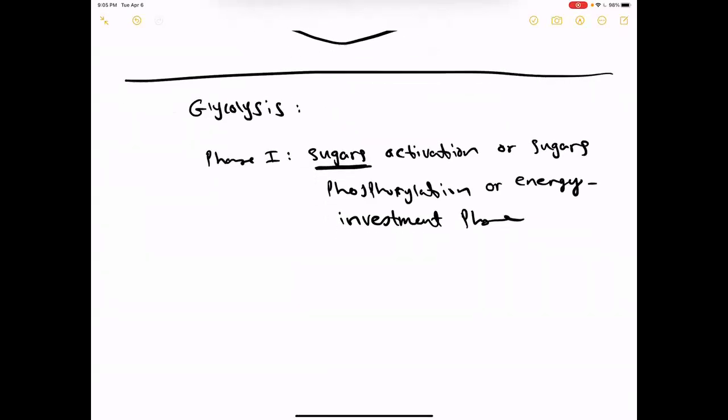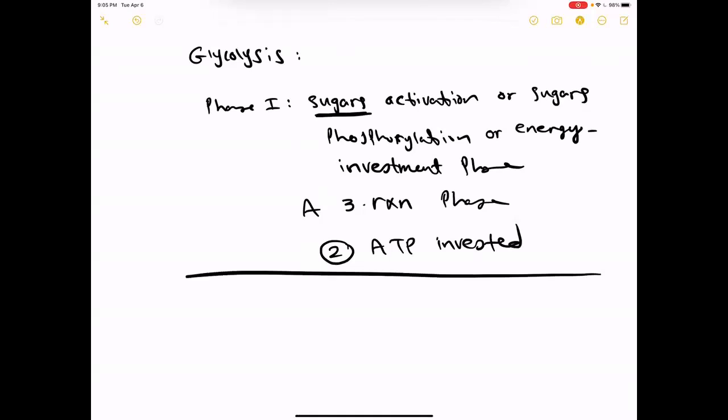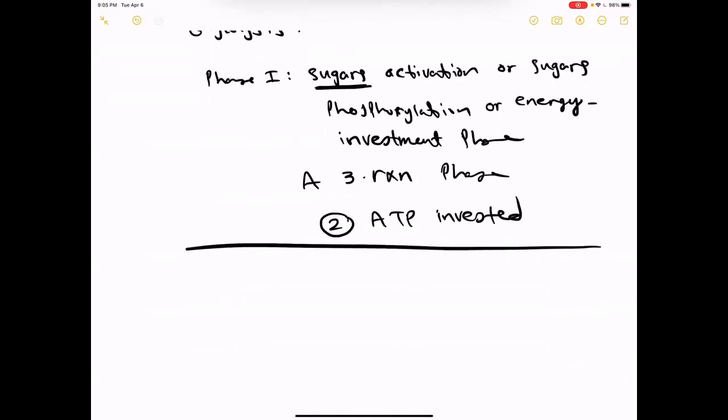And I also said that was a 3 reaction phase, and 2 adenosine triphosphate invested. All right, it's just quick reviews, but I'm getting somewhere with this.